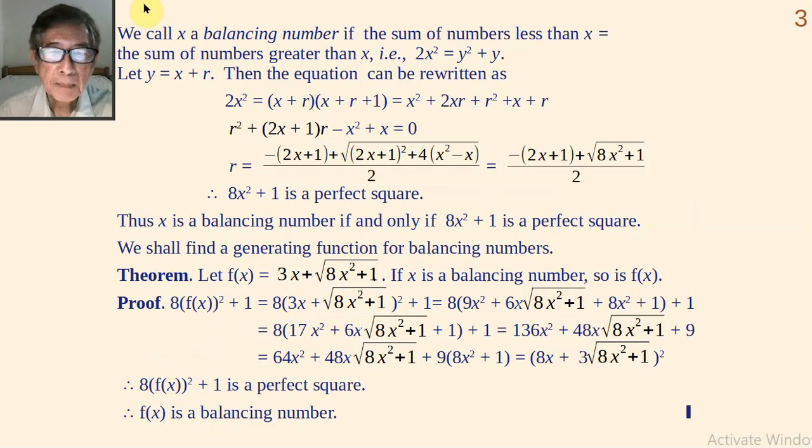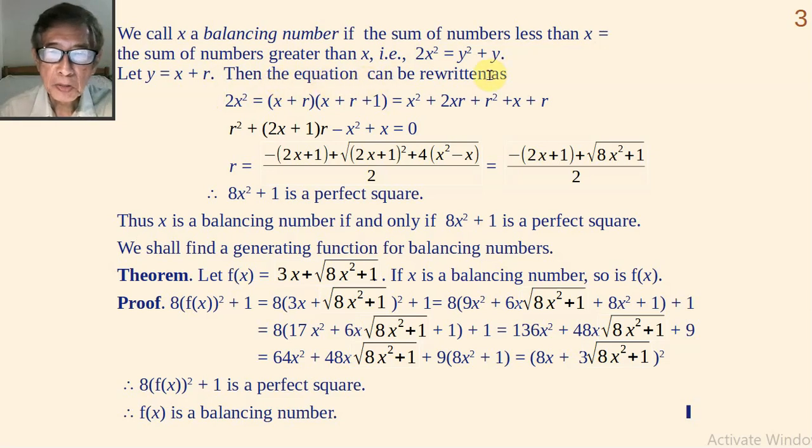We call x a balancing number if the sum of numbers less than x is equal to the sum of numbers greater than x. So the x we found is such a number, and we saw that we have the equation 2x squared equals y squared plus y. Let us write y as x plus r.